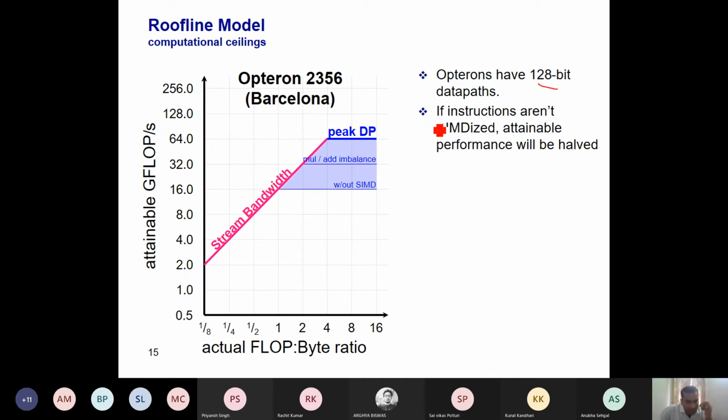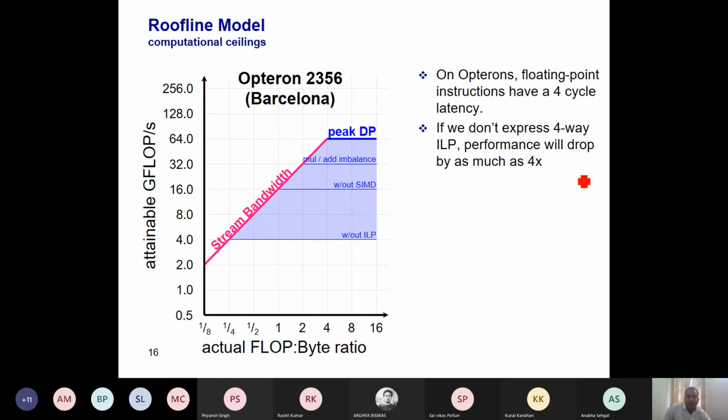Now, if your instructions are not SIMDized, that means if your code cannot use the vectorization capability, then performance will further reduce. So attainable performance will be further reduced.